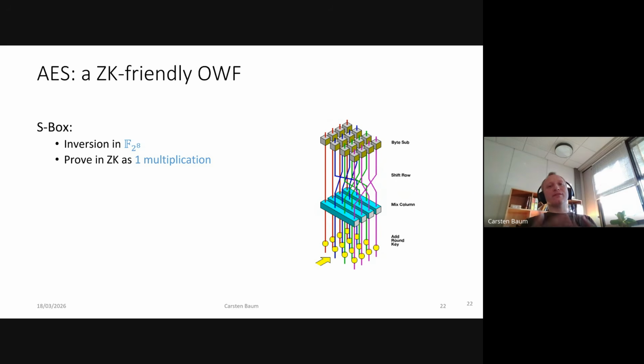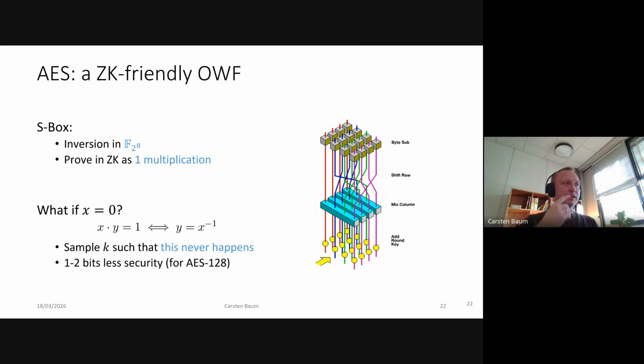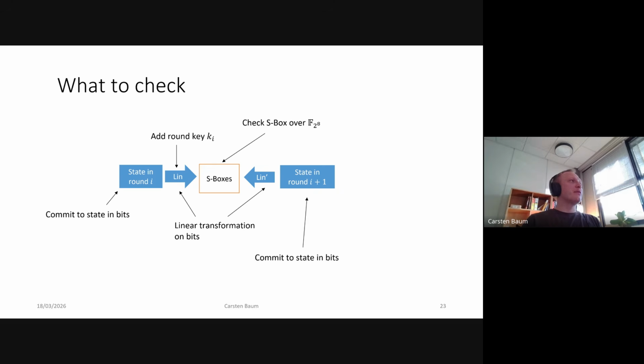This is how I figure out that I get the inverse of the input, if I multiply the two, and it gives me 1. Now an input could be 0 with probability 1 divided by 256. For the first version of FAEST, we actually just assume that it never happens, which reduces the key space a little bit. For the newer version of FAEST that we have now published, we actually handle those cases as well.